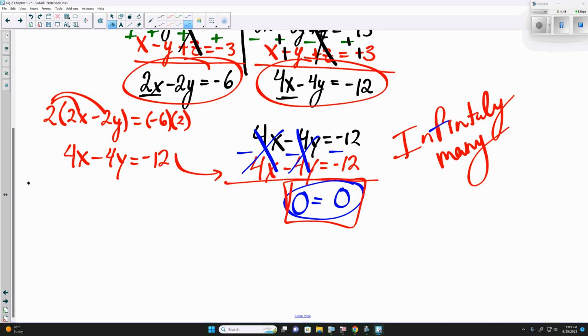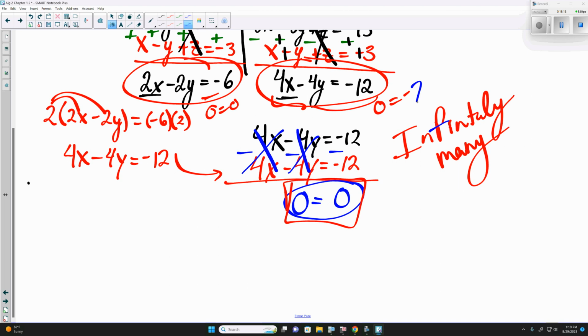Unlike no solution where we got the one side 0 equals negative 7, we didn't have to check the other side. Here, if this side became 0 equals 0, go on and check the other side. See what we get, because if one of them worked out 0 equals 0 and the other was 0 equals negative 7, it's still no solution.